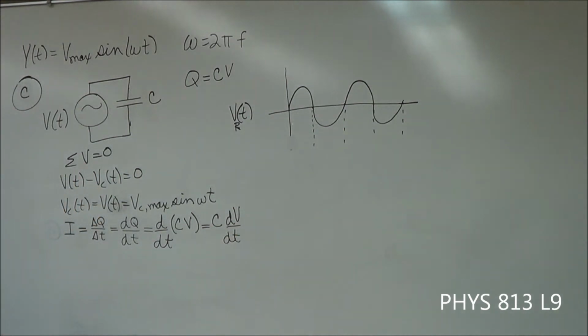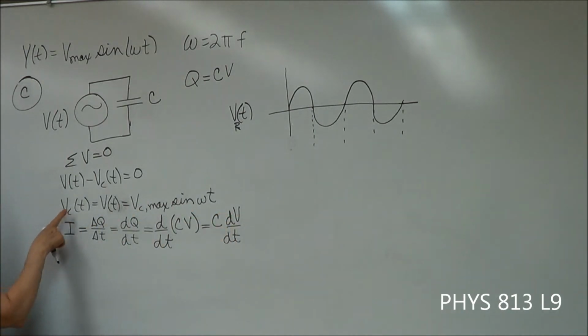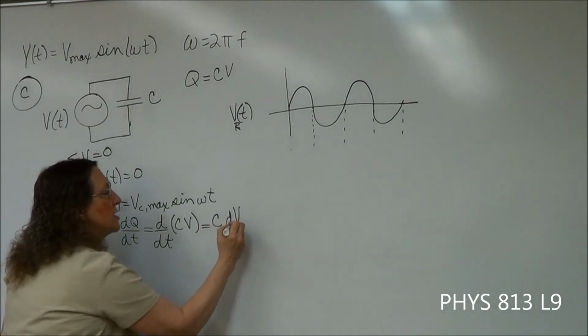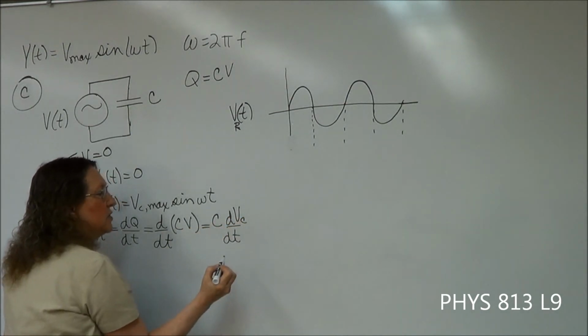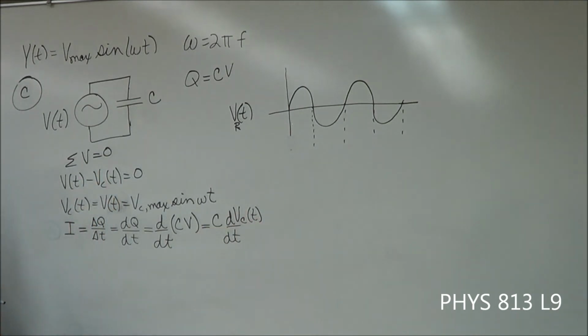So that's what we're actually going to do. And our voltage is the time-dependent voltage across the capacitor, so I'm going to put a subscript C there and put that as a function of time. Okay, now we're just about ready to do this.